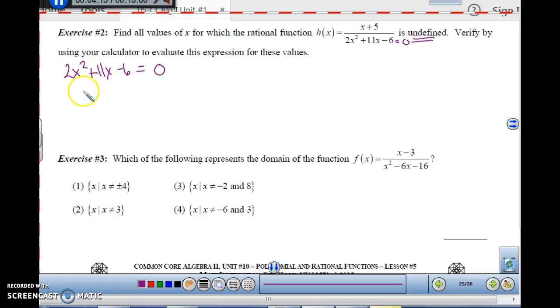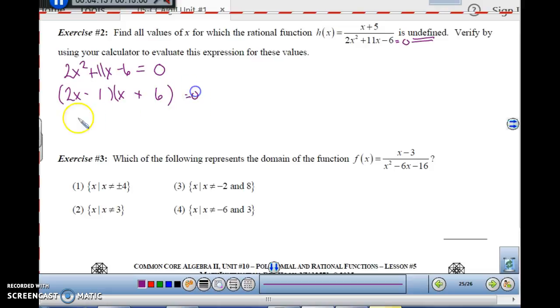Okay, so 2x squared plus 11x minus 6 equals 0, I can factor that. That's going to be 2x times x. All right, now the factors of 6, one going over here multiplied by 2 and added together to be 11. Probably 6 and 1. 6 and 1 plus 6 minus 1.